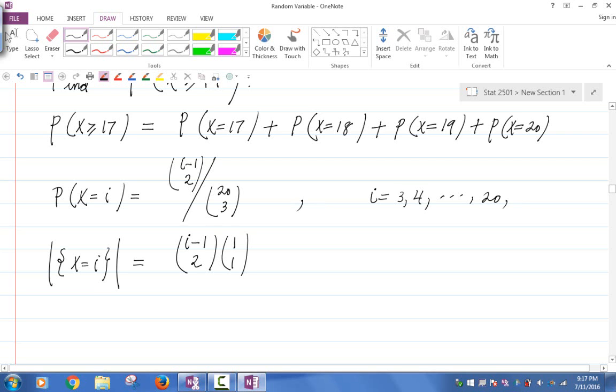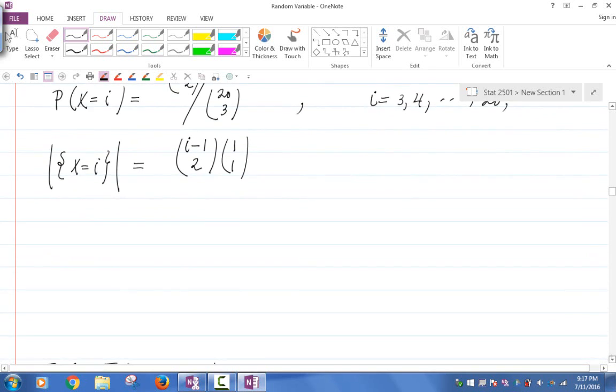Now, using that as a formula, I can create a table of values.